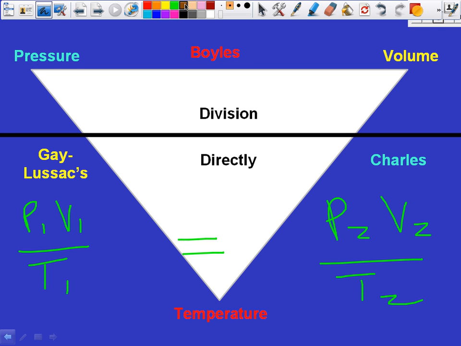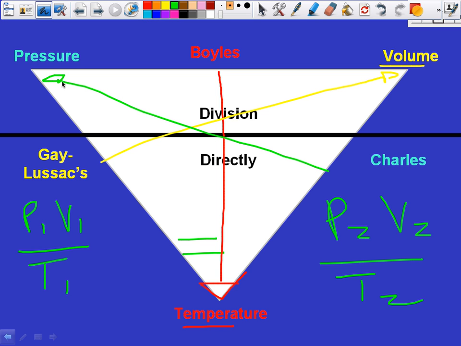Basically all of the variables are on the points, all of the people are in between, and the way this works is the point opposite the law is the one that's held constant. So across from Boyle, temperature is held constant. Across from Gay-Lussac, volume is held constant. Across from Charles, pressure is held constant.